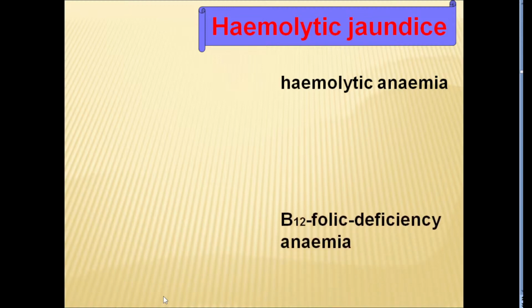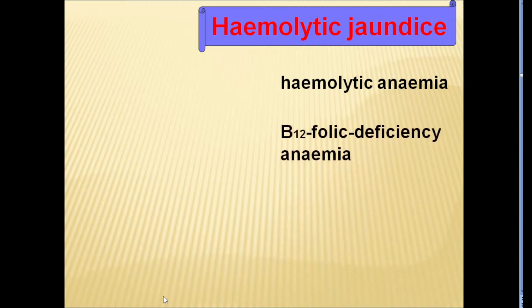Hemolytic jaundice appears due to excessive destruction of erythrocytes, and it is characteristic for patients with hemolytic anemia. It may be accompanied by B12 and folic deficiency anemia because the size of erythrocytes in this pathology does not correlate with the lumen of the capillary network and provokes excessive destruction of erythrocytes.